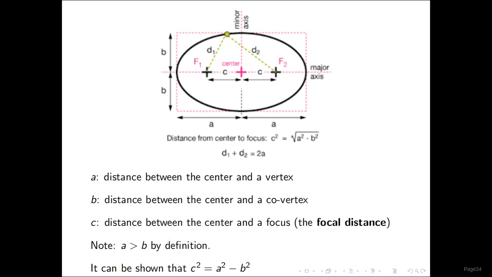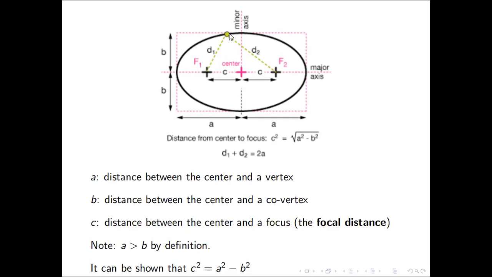Now it can be shown that c squared equals a squared minus b squared. This equation relates all three constants, a, b, and c. And we won't be proving that, of course. Also, it can be shown that the fixed sum of distances in the definition of an ellipse, remember, the sum of distances from a point on the ellipse to the foci is a constant.